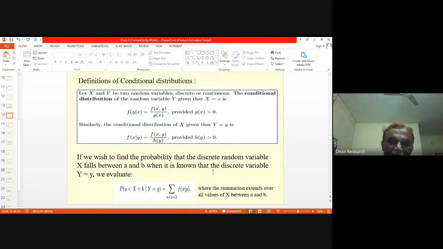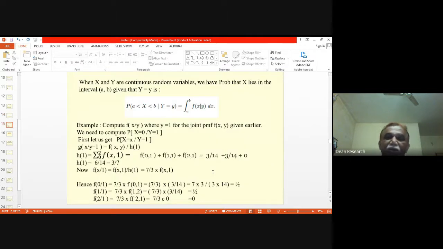See, here is the formula, and it is easy to compute. That's what we have seen in the case of discrete variable. In the case of continuous variable, you have the integration part. For example, in the continuous case, the probability that A less than capital X less than B, meaning the first variable X lies in the interval A to B, given that Y is equal to small y.